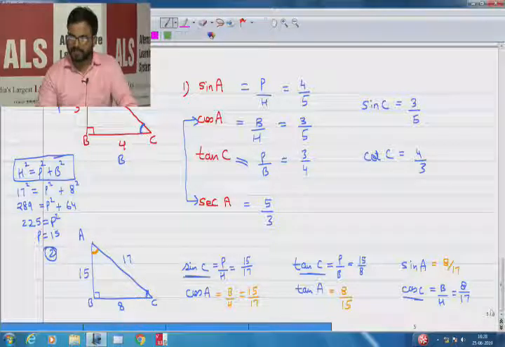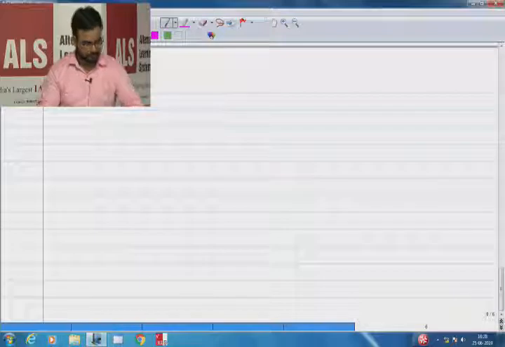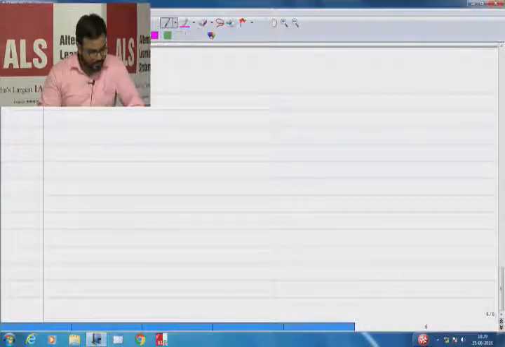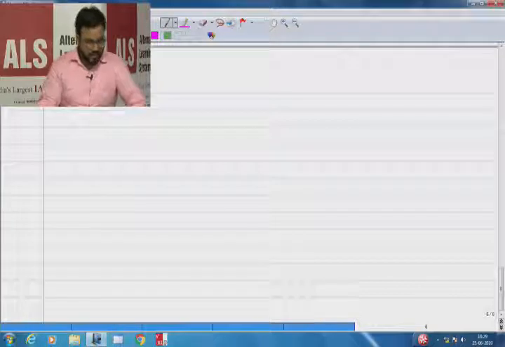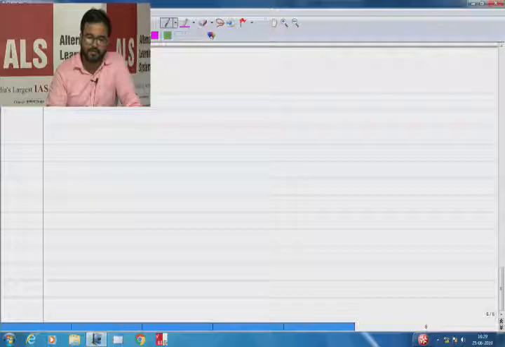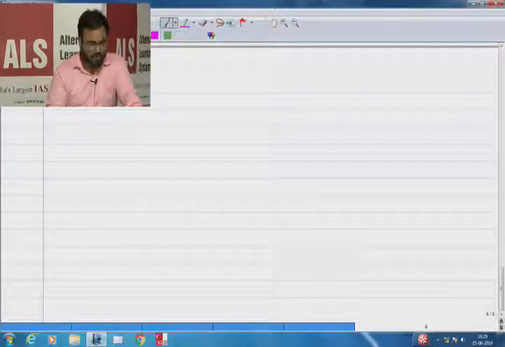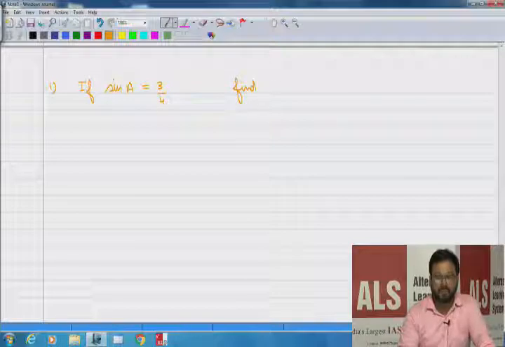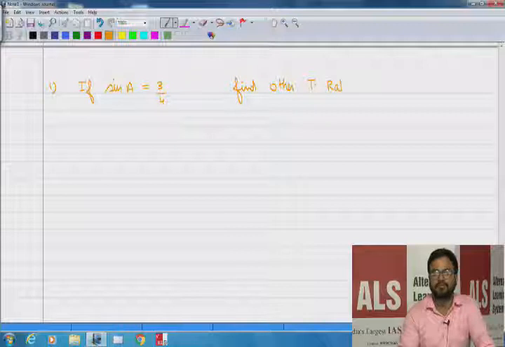Now the next one. Okay, perfect. So if I give you like this, let's say if I write, if sine of angle A is equal to 3 by 4, find the other trigonometric ratios.